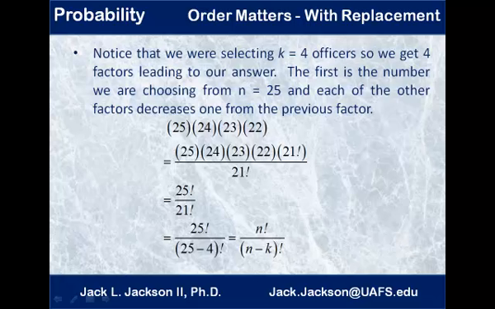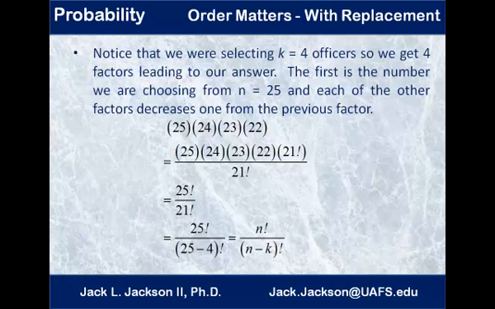Okay. Now, another way of writing this, perhaps a more complicated way, you might argue, and I might agree with you, but we could take 25 times 24 times 23 times 22 and multiply top and bottom by 21 factorial and make that a fraction. And then the top is 25 times 24 times 23 times 22, and the 21 factorial has 21 times 20 times 19 times 18, all the way down to 1.